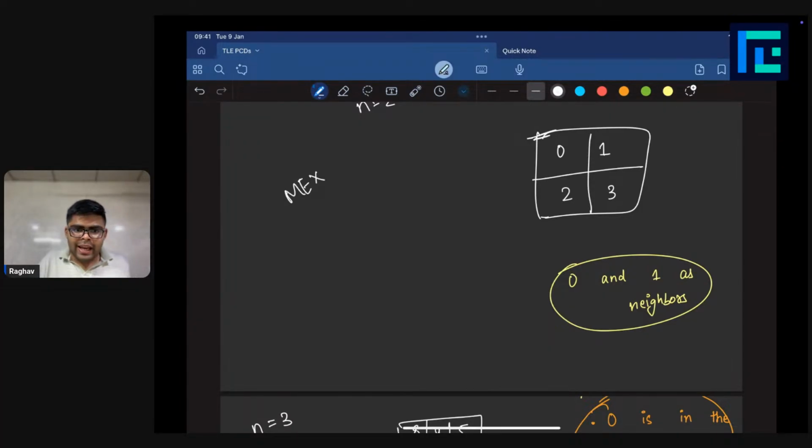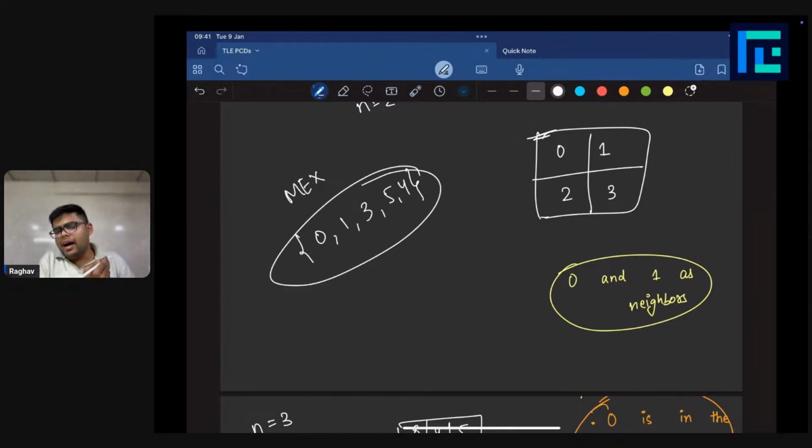MEX for any array or subarray is basically, if you have some elements, let's say 0, 1, 3, 5, 4, and you are being asked to find the MEX of all of these elements, it is the smallest non-negative element that is missing in this range. So here 2 is the smallest element that is not there in this array.